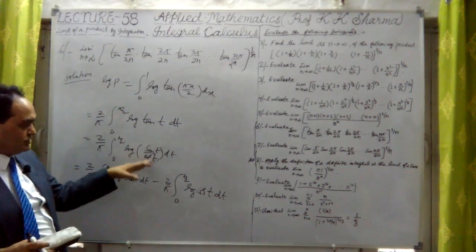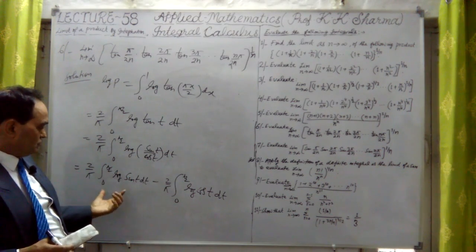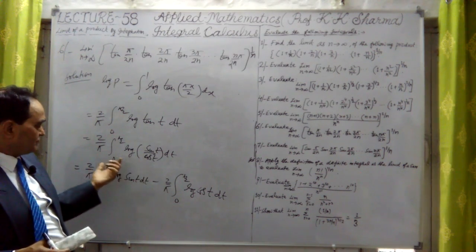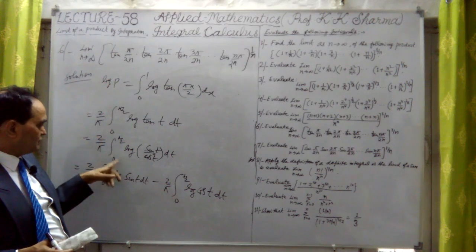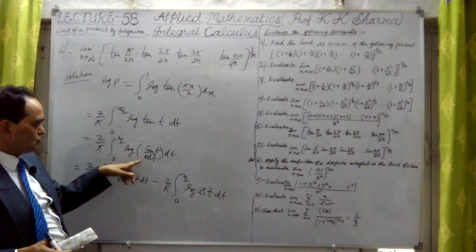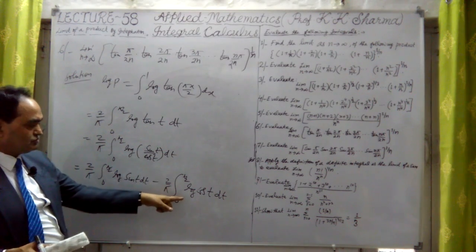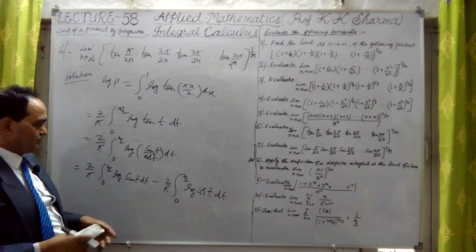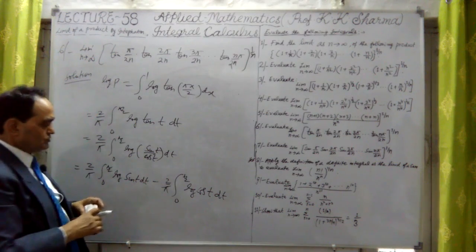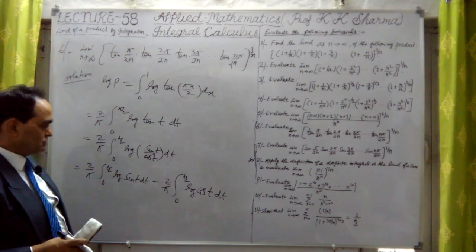What is log m upon n? Log m minus log n. That I have separated in two parts. It is first 2 upon pi, 0 to pi by 2 log sin t dt, then minus 2 upon pi, 0 to pi by 2 log cos t dt.